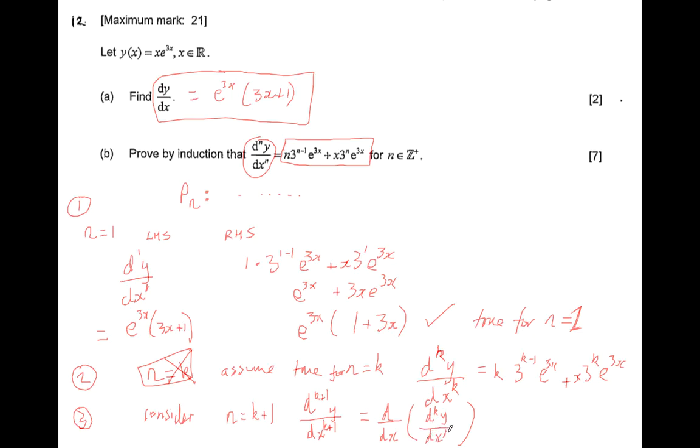Yeah. So essentially we're taking this expression, which we're going to assume to be true. If this expression is true, it would mean that when we differentiate this, we'll get the k plus 1th derivative, and we should be able to manipulate this so that it looks just the same as this, with a k plus 1 substituted in place of the n. So that's the challenge.